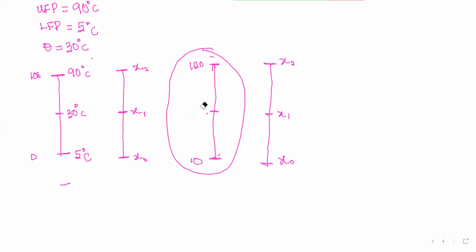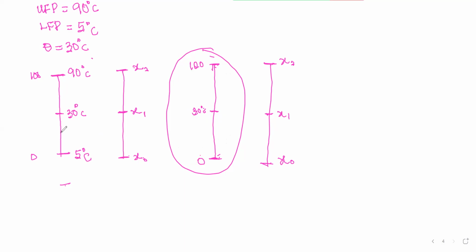Yes, please. So if it is 0 lower fixed point, 100 upper fixed point, then this temperature of 30 would be equal to 30 centimeter length of mercury, because here from 0 to 100, it is divided into 100 equal parts. So 1 centimeter is to 1 degree Celsius.